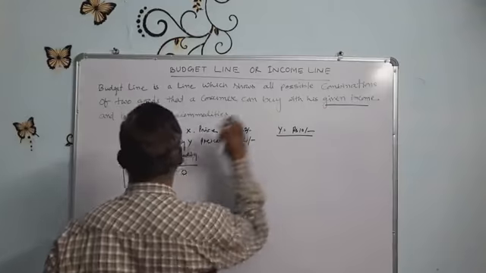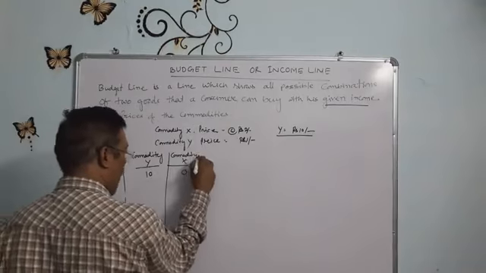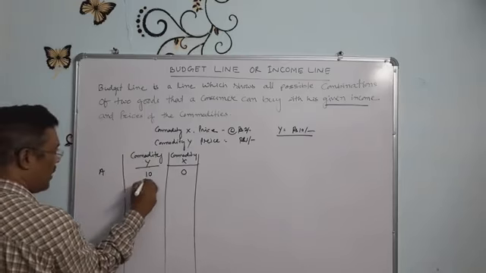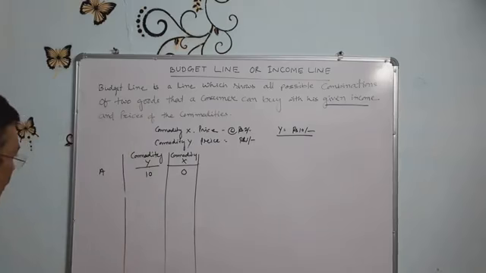So A is the point with 10 units of Y and 0 of X.